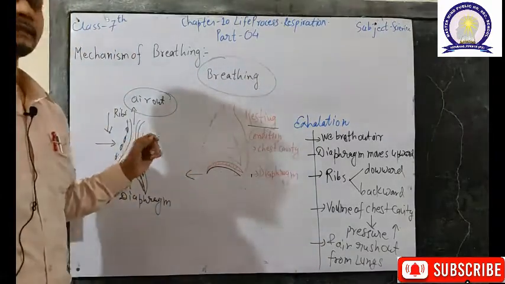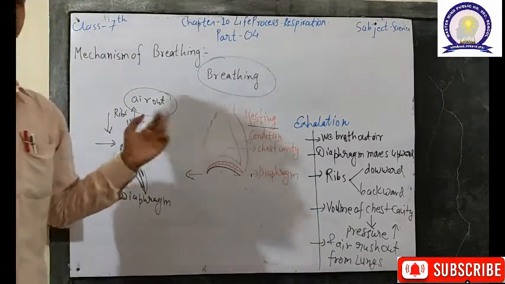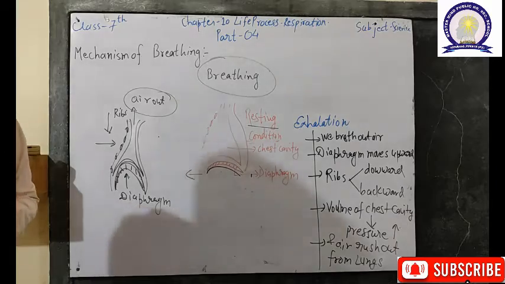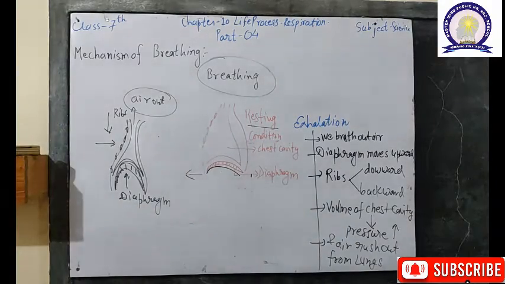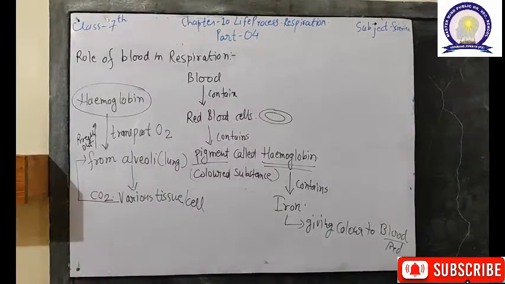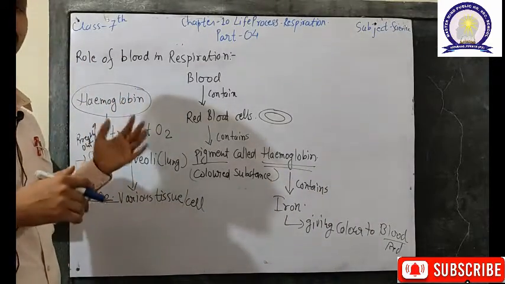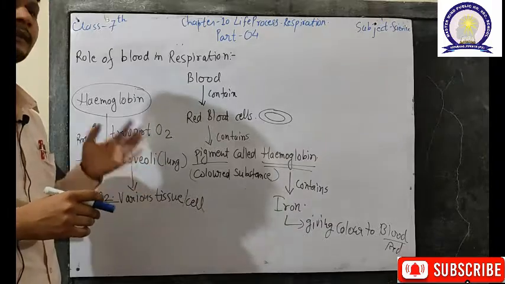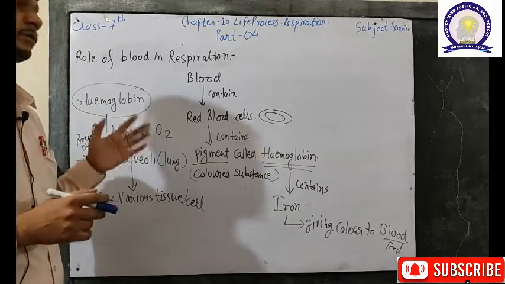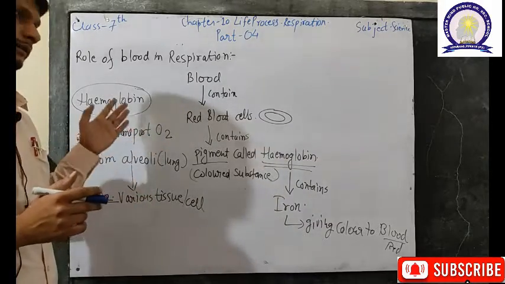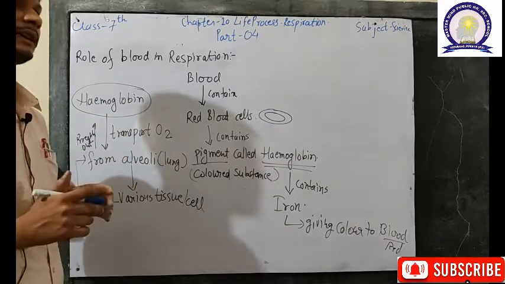Now further we discuss the role of respiration and other parts in the discussed chapter. Now there is a role of blood in respiration. We know that the human body contains blood inside the veins and arteries. So what is the role of blood in the process of respiration?